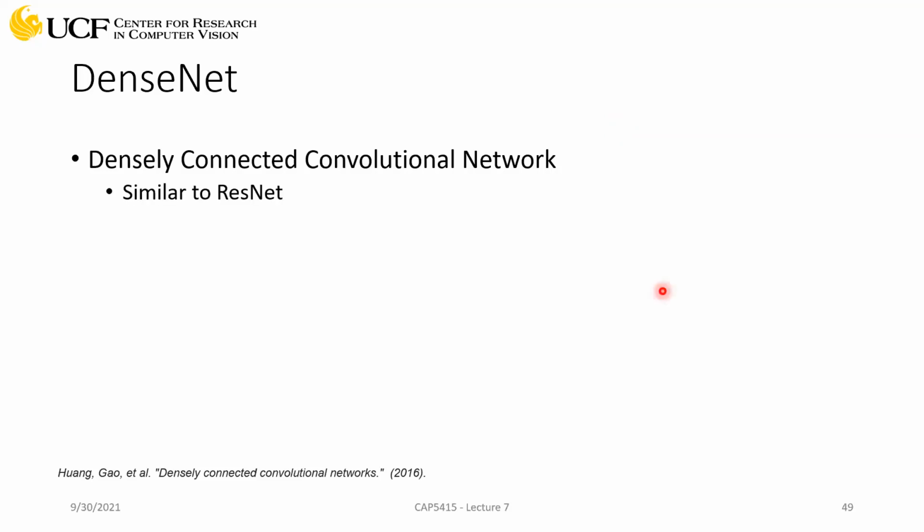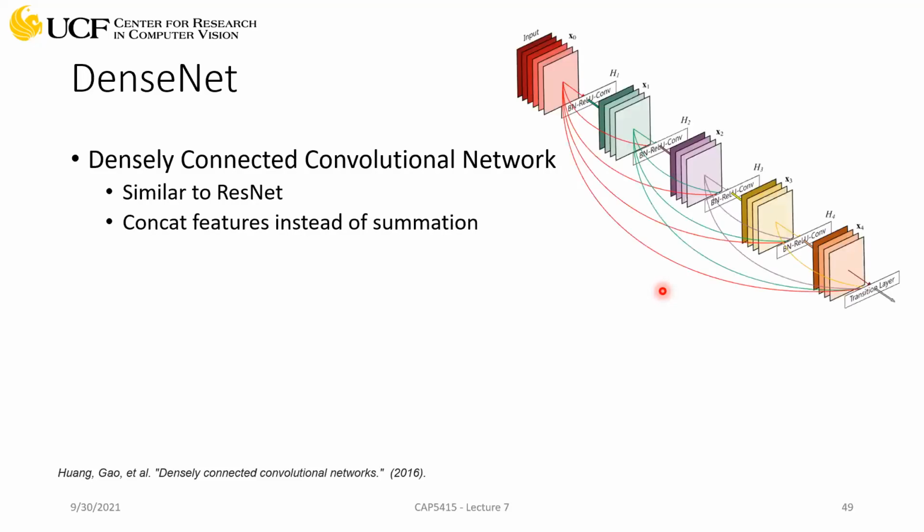Okay, so the third variant, and I think we will end after this, is DenseNet. This is similar to ResNet. The only difference is that instead of sending the features to the next layer, you send the features to all the future layers. For example, if these are the conv features after the first layer, you send them to the next one, and you also send them to the layer after that, and the layer after that.